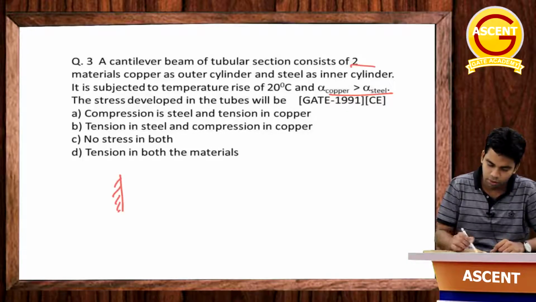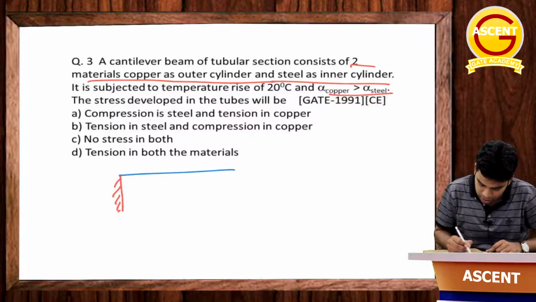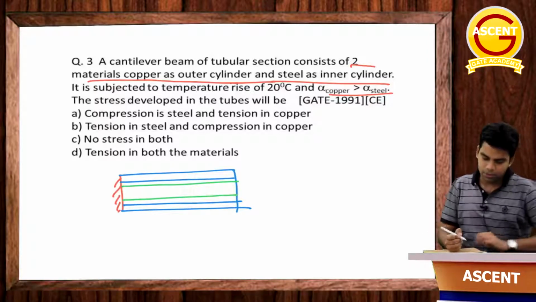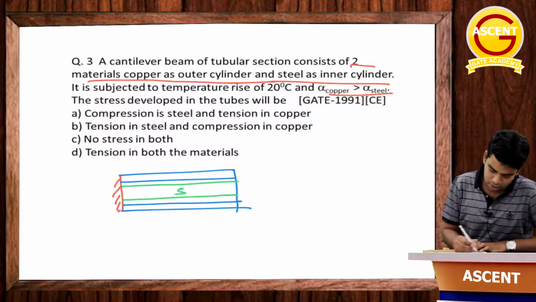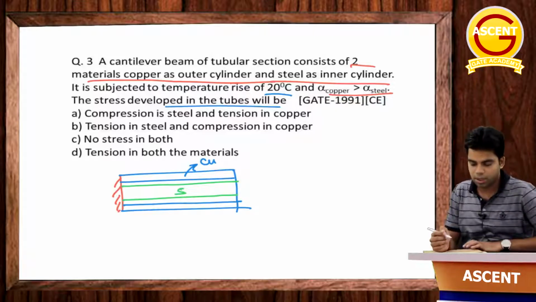It consists of two materials, copper as the outer cylinder and steel as the inner cylinder. This is steel and this is copper. Getting this? It is subjected to a temperature rise of 20 degrees centigrade. What will be the stress developed in the tube?